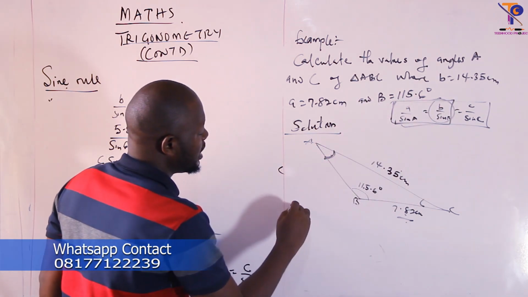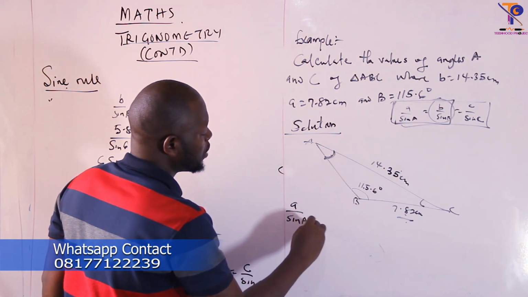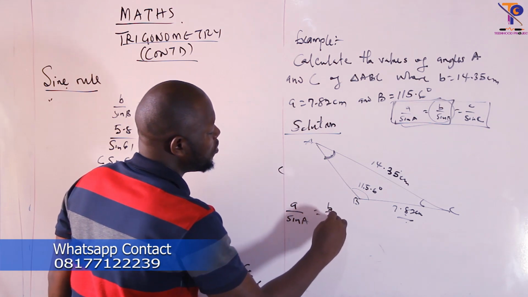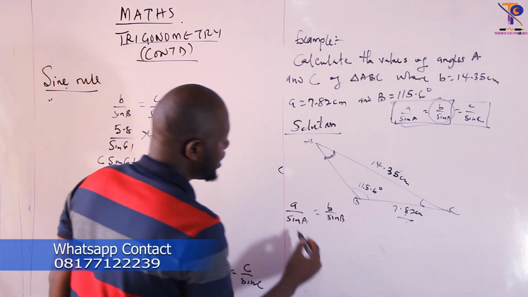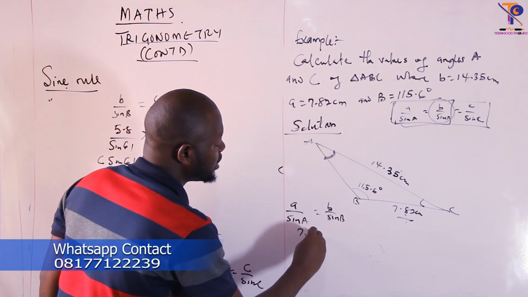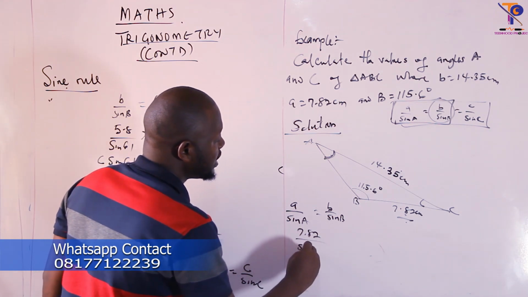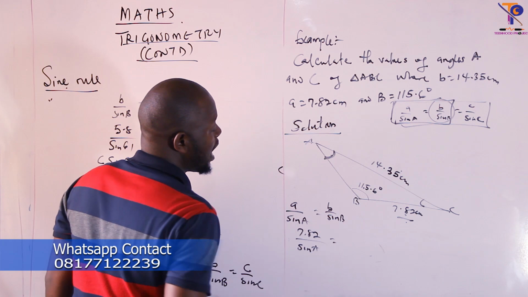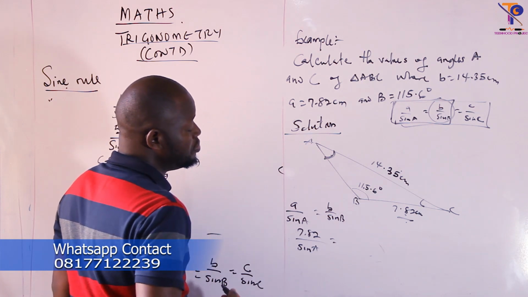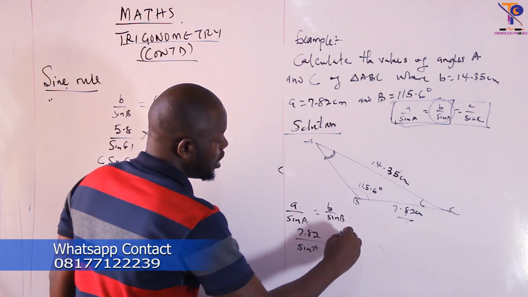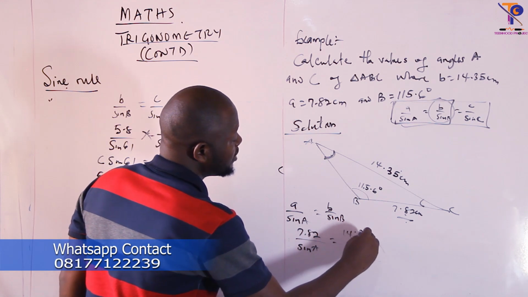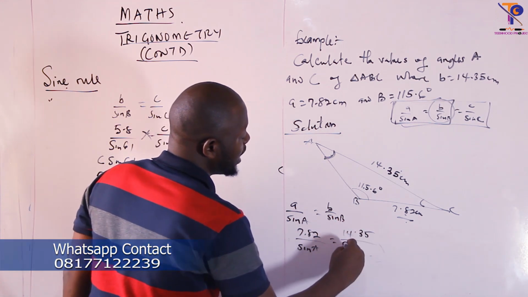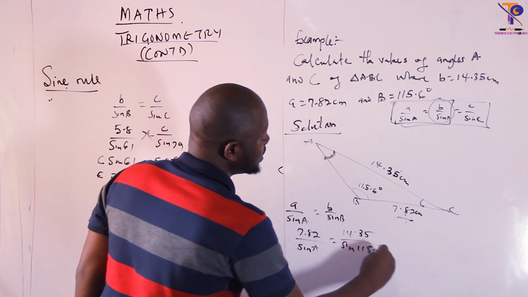So we have a over sine A. It is important we write this. Then b over sine B. So we have our a, that is 7.82 over sine A that we are looking for, and b which is equal to 14.35 over sine 115.6.